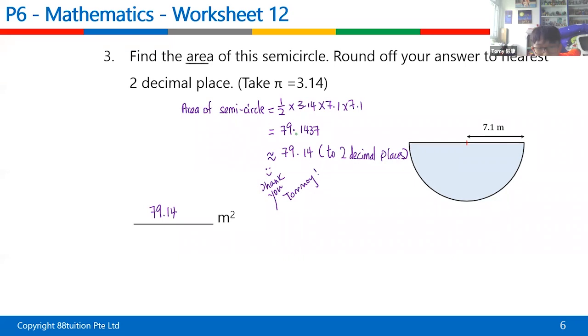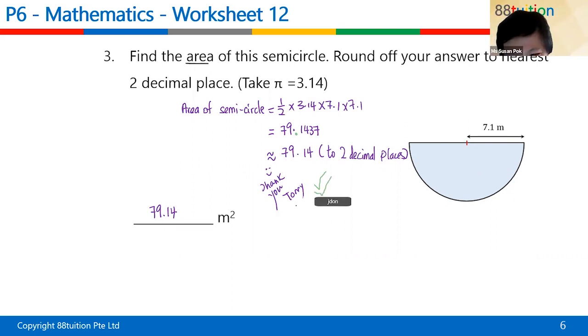You see, you never regroup. I mean, you never rename. That's why I put you. I already renamed. So you cannot put 79, because they want 2 dp. Ming An, you remember to put a decimal of 0.14.